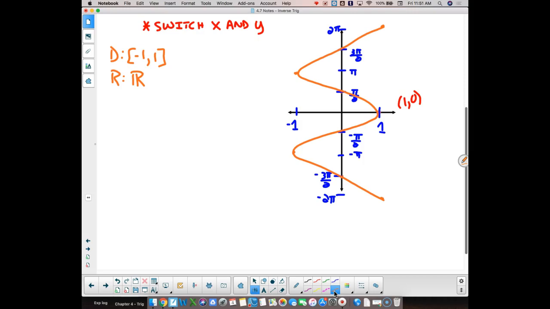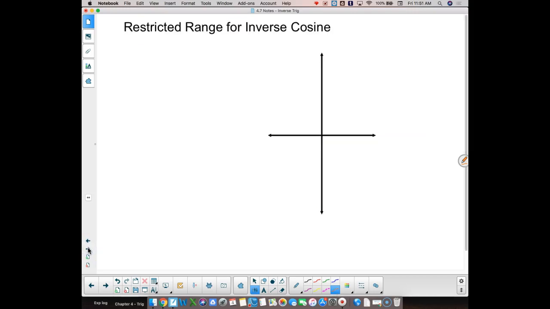So I need to pick a chunk where we can get all the values from -1 all the way out to +1. And so we have to restrict the range of our cosine. So our domain is still going to stay -1 to +1.